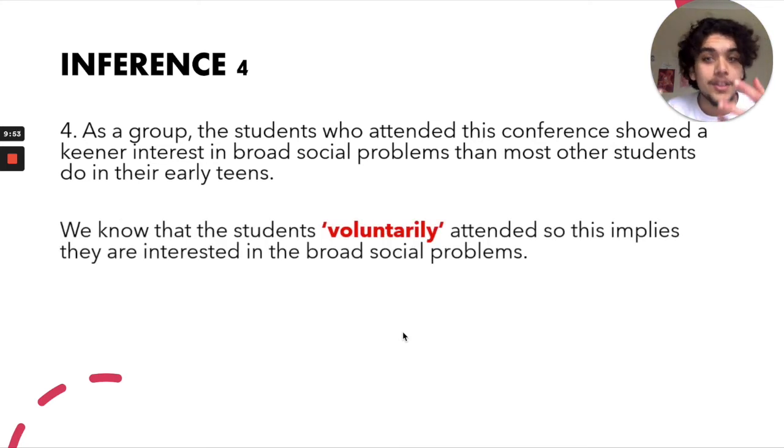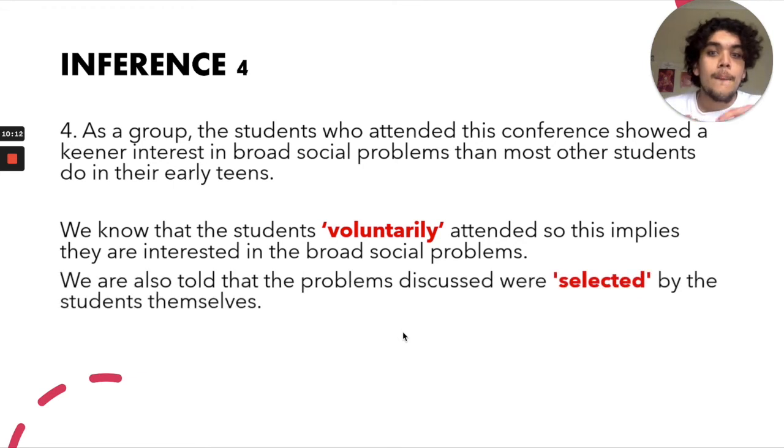We know that the students voluntarily attended. So as a result, there's an implication here that they are interested in broad social problems, right? If you voluntarily attend something, there's a sense of self-interest there. And we also know that the problems discussed were selected by the students themselves.